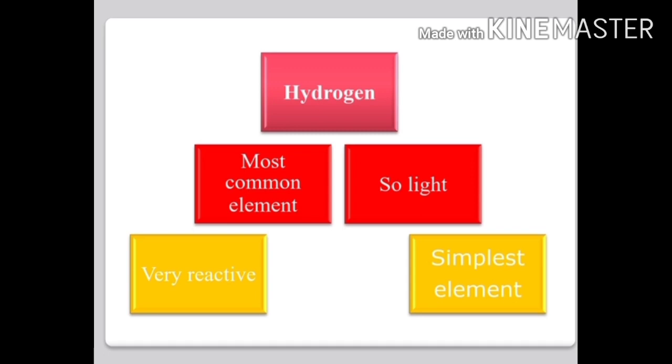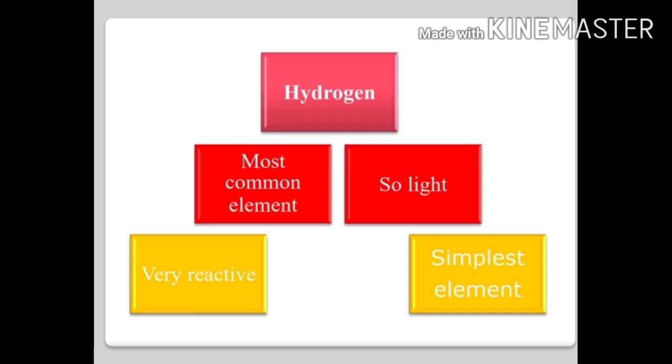The giant planets such as Jupiter and Saturn contain mostly hydrogen. It is the third most abundant element on the surface of the globe. It is one of the elements that make up every organic compound and is also a part of many inorganic compounds. So it is a most abundant element.